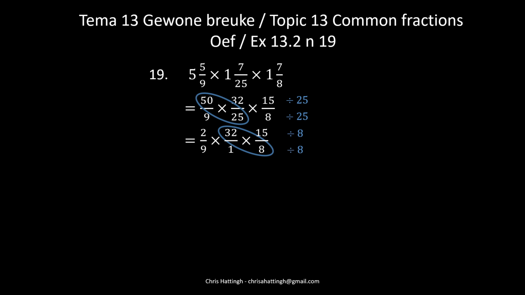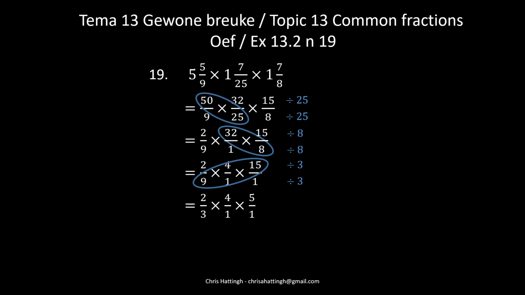So 32 divided by 8 gives you 4, and 8 divided by 8 gives you 1. So in the next step, you'll have 2 over 9 times 4 over 1 times 15 over 1. Now you can simplify the 9 and the 15 by dividing both by 3. 15 divided by 3 gives you 5, and 9 divided by 3 gives you 3. So now you sit with 2 over 3 times 4 over 1 times 5 over 1.